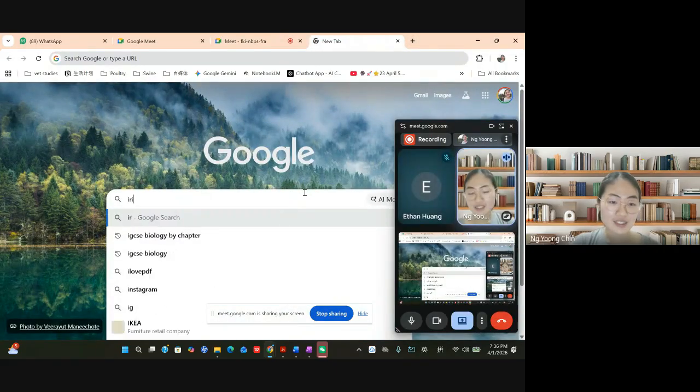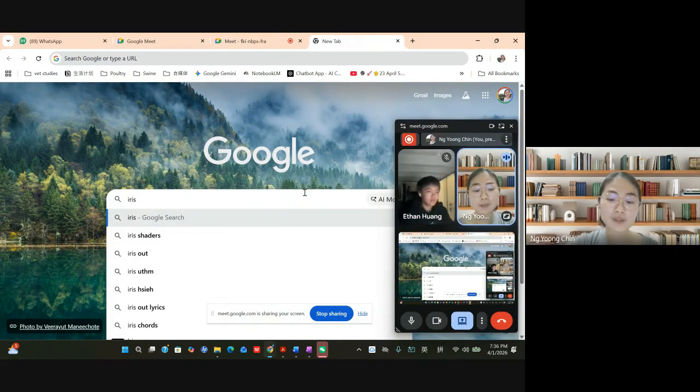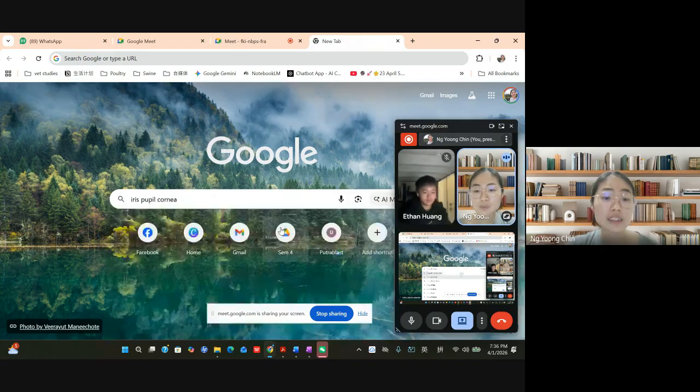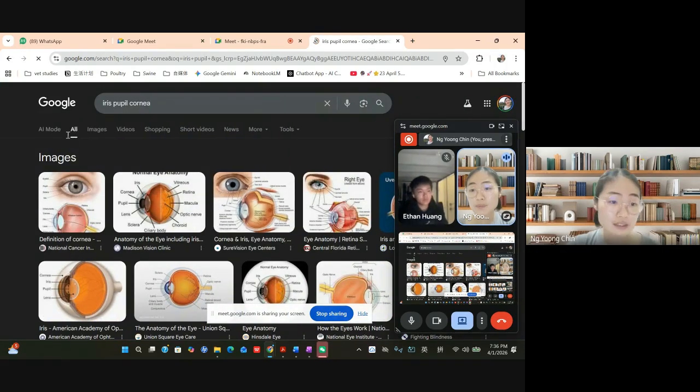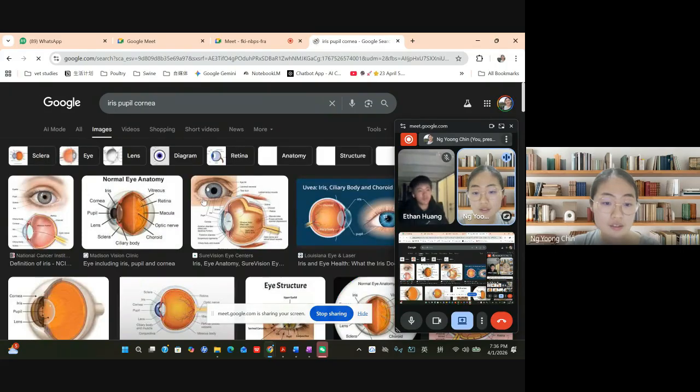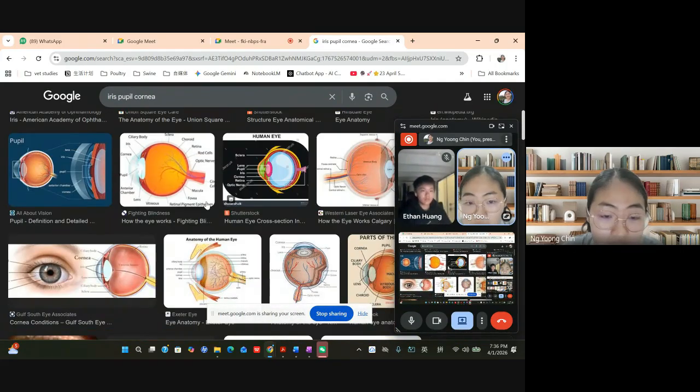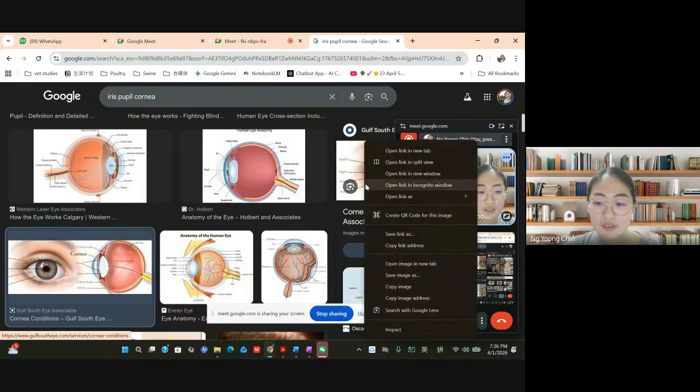The iris is surrounding the pupil. So when the pupil constricts, the iris will increase in size, because there is more space.